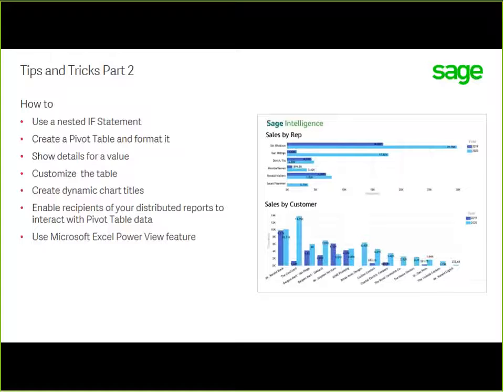And then finally, we're going to use Microsoft Excel Power View feature. So we're going to look at how you can create a report using Microsoft Excel Power View. Now, all of this that I'm showing today has to be at least Microsoft Excel 2013 or above. So you have to be on that version in order to use some of this functionality.